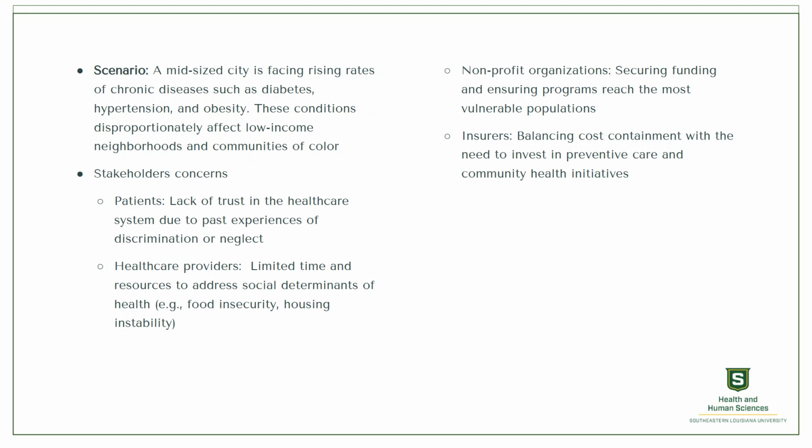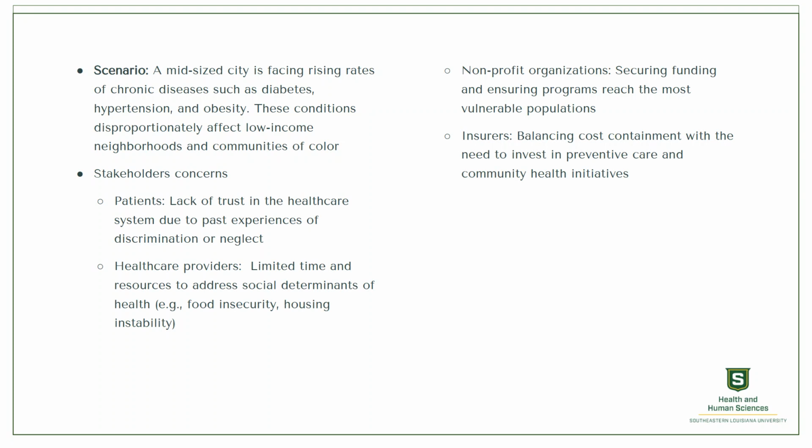And then you have insurers who are concerned about balancing cost containment while at the same time wanting to invest in preventive care and community investments, which, if you remember, those preventive care and community initiatives don't bring the cold hard cash that technological advancements and innovations bring.